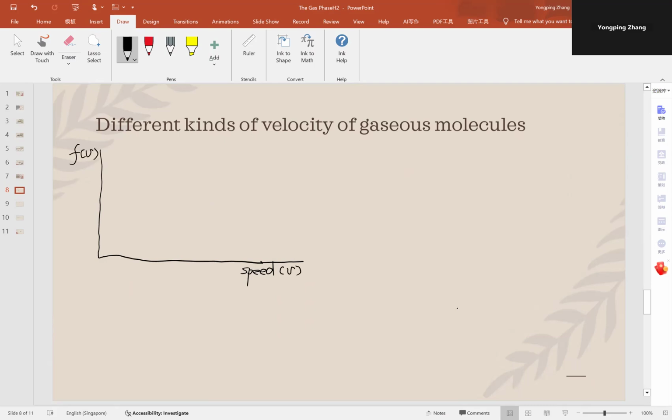They have this distribution. From this curve, we can calculate the most probable speed, Vm. At this speed, we have the largest number of molecules. We can calculate this one. Also, the average speed.